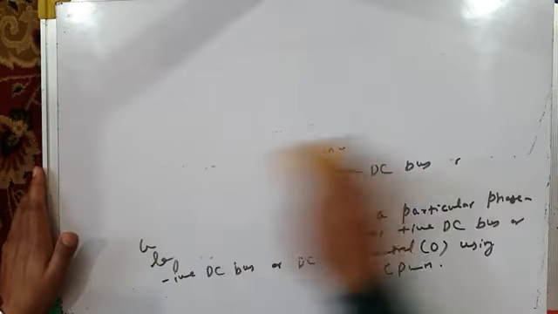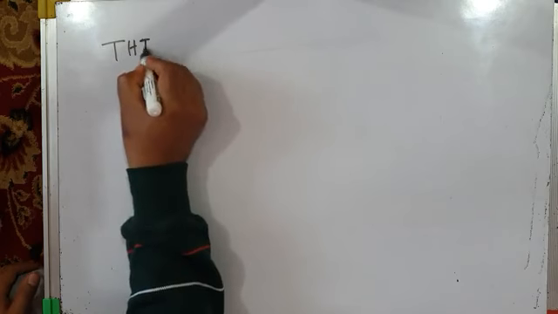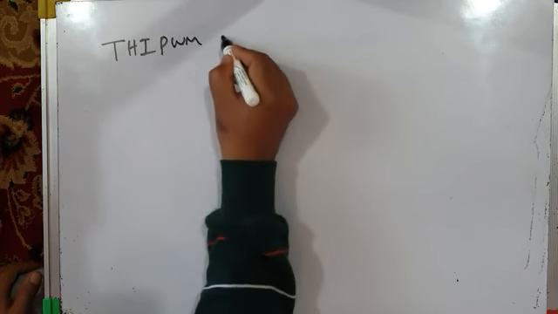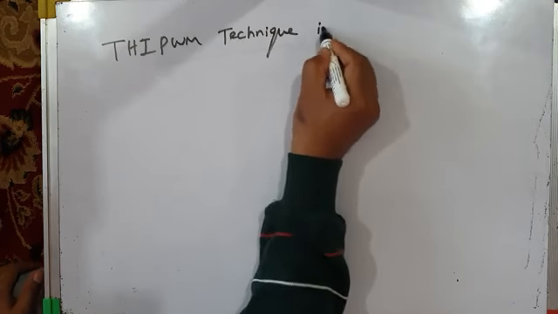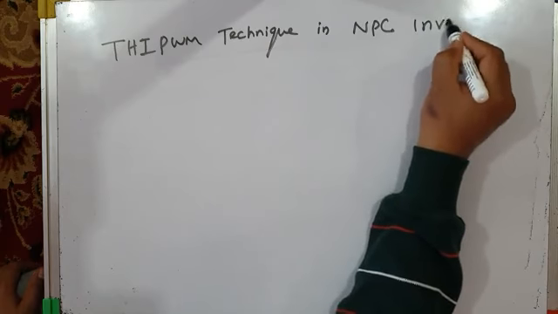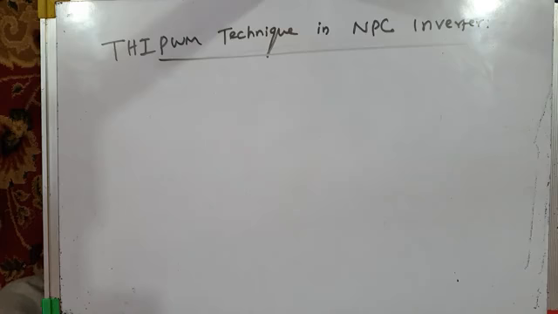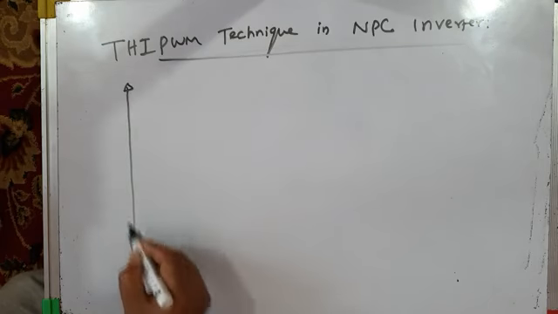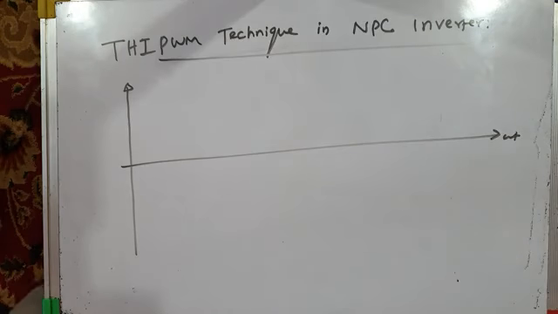Let me quickly discuss with you third harmonic injection PWM in 3-level inverters, in neutral point clamped or 3-level voltage source inverter, or we can write 3-level or NPC inverter. It's very simple as in 2-level inverters.